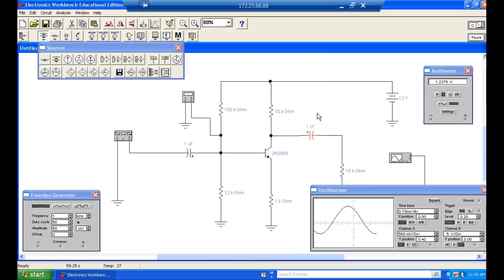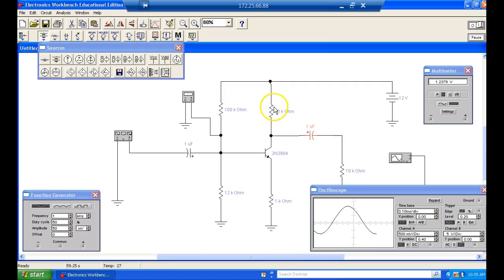So it's 100 ohms. So is the collector voltage going to go down, or is it going to go up from what we expect? It's going to go down because we've added that other current path, right? So we've added another current path.